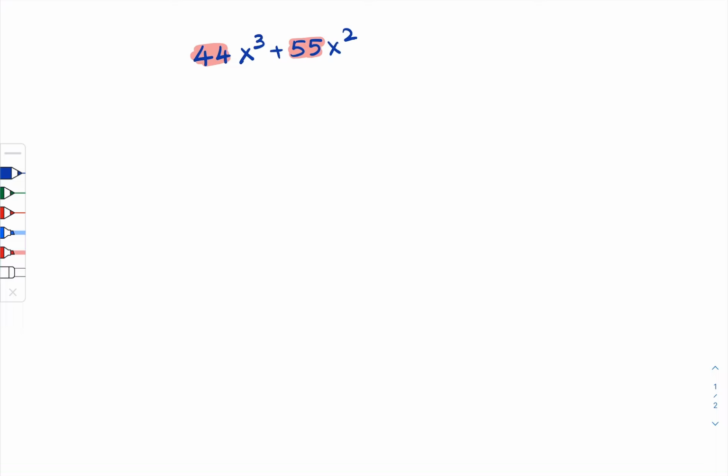What are the factors common to 44 and 55? Well, 44 can be split into 4 and 11 because 4 times 11 gives you 44, and 55 is 5 and 11. So the factor that's common to both of these is the 11.